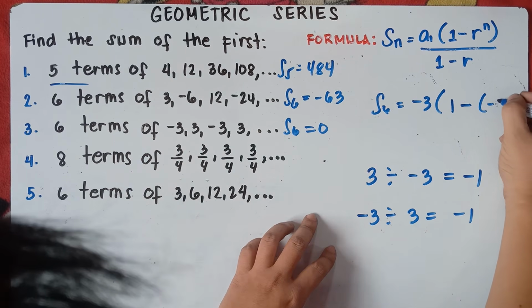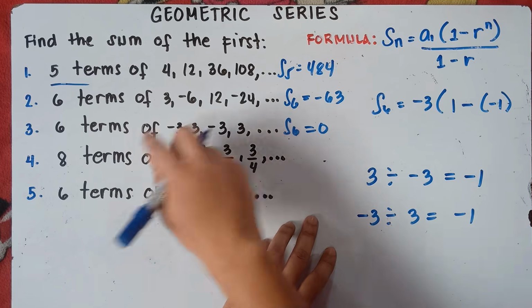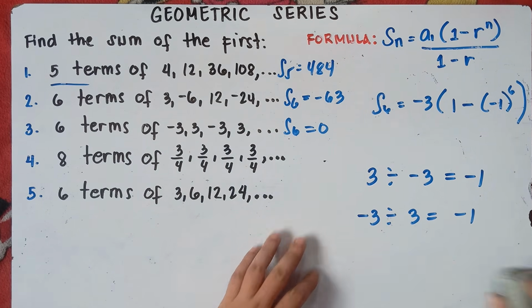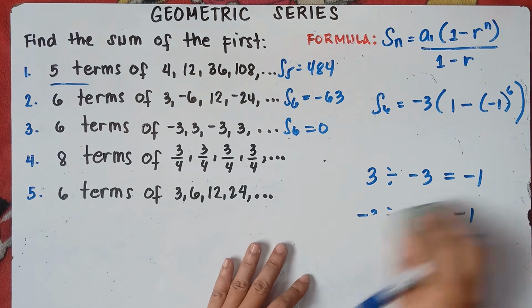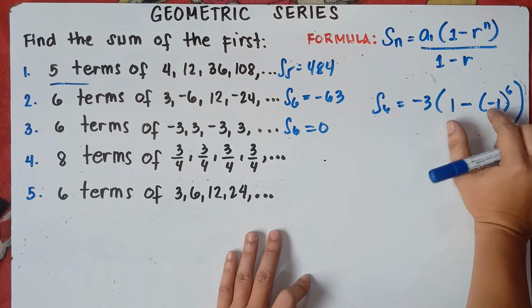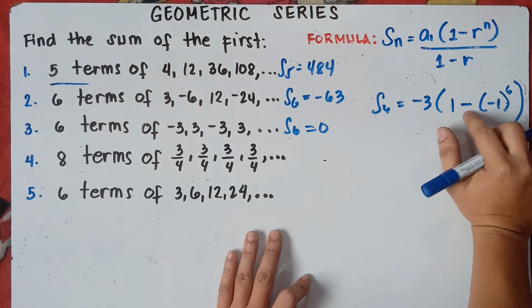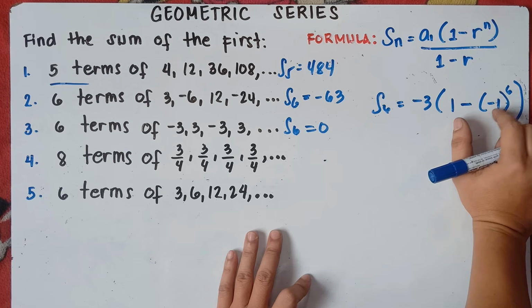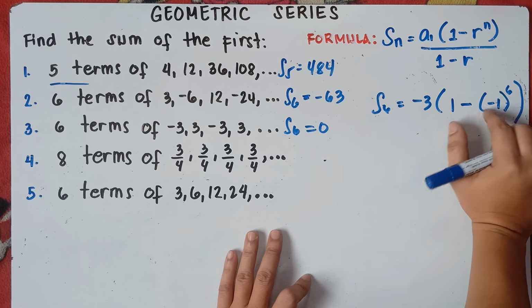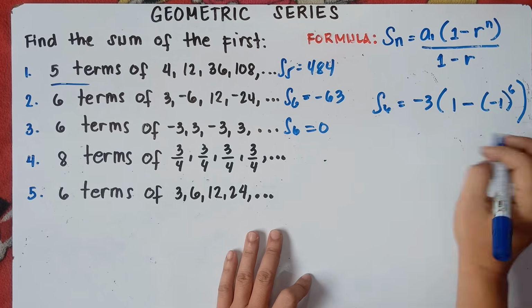You put parentheses, then negative 1, then the exponent n, which is 6, then close parentheses. Once again, you always need to put parentheses because our common ratio is negative 1, and you already have a negative sign in the formula before it, so we're not allowed to have two signs close to each other.